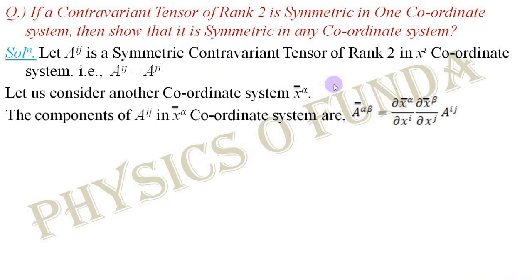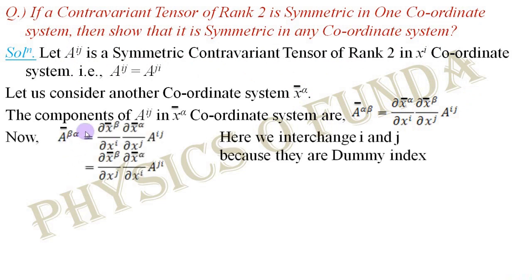Now, to show the given tensor is symmetric in the barred coordinate system also, we have to consider the transformation equation like this. If we write the tensor in the barred coordinate system in this way, A bar beta alpha, whereas in the conventional transformation equation we write the given tensor as A bar alpha beta, here we swap alpha and beta, nothing else.